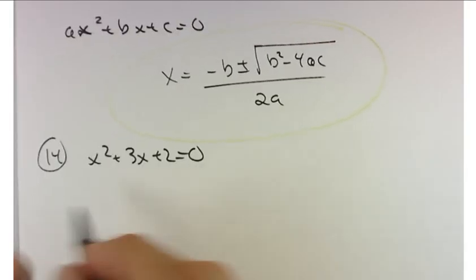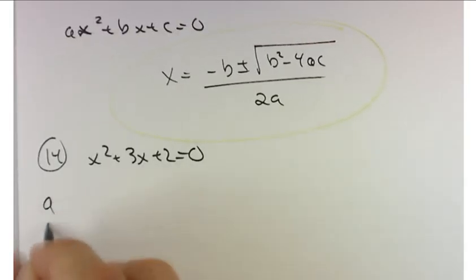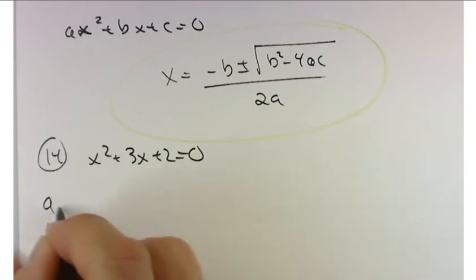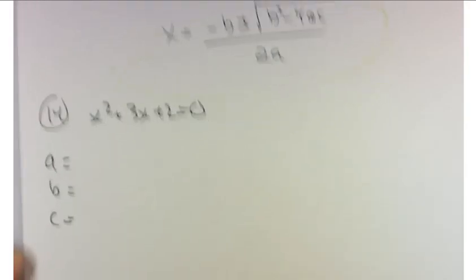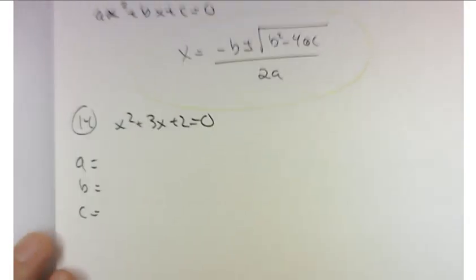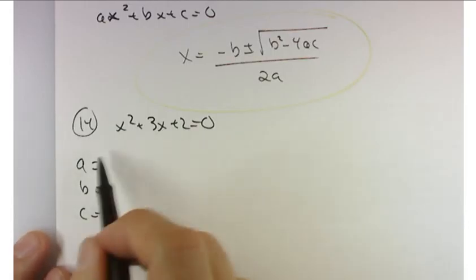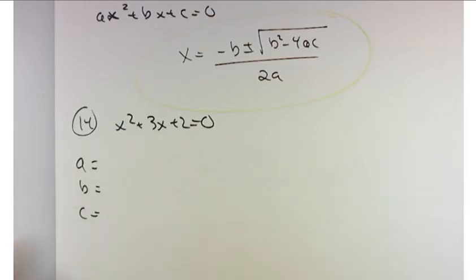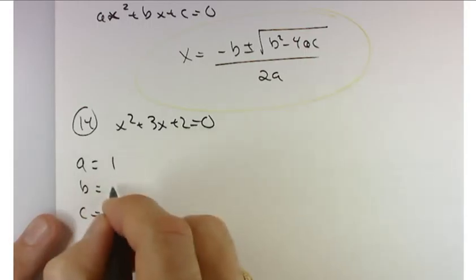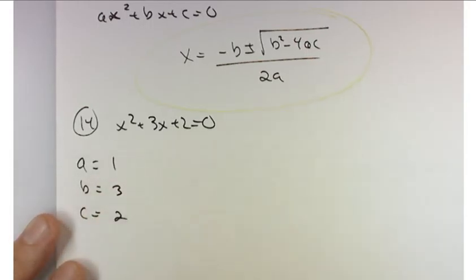So the first thing I have to determine is what a, b, and c are if I'm going to use the quadratic formula. Now a, b, and c are the coefficients of my polynomial. What are those coefficients in this particular case? 1, 3, and 2.